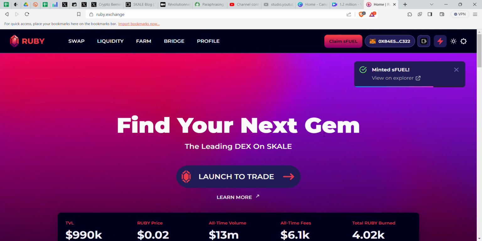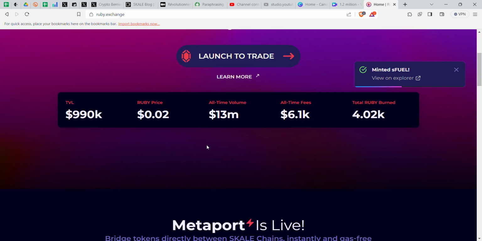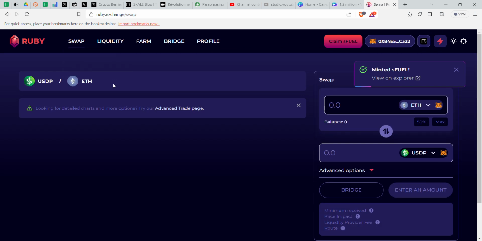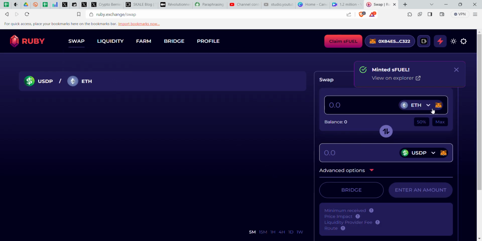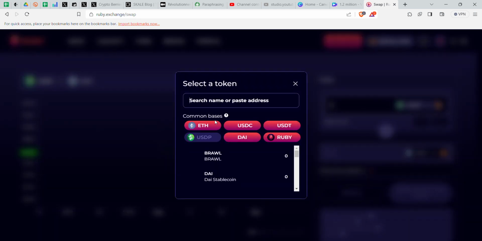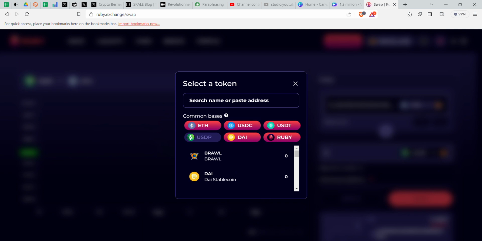So we have successfully minted some sFUEL token, and we can go ahead with any transaction we want to perform on this DApp. So like I said, we can swap. You can easily swap from any token. You can swap from ETH to, let's say, SKALE.